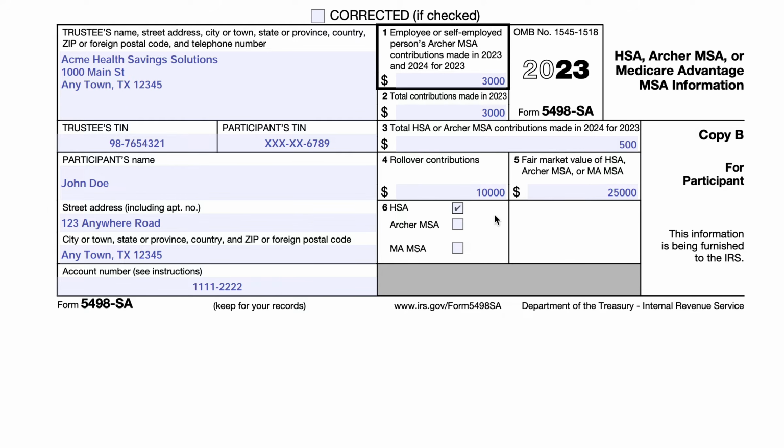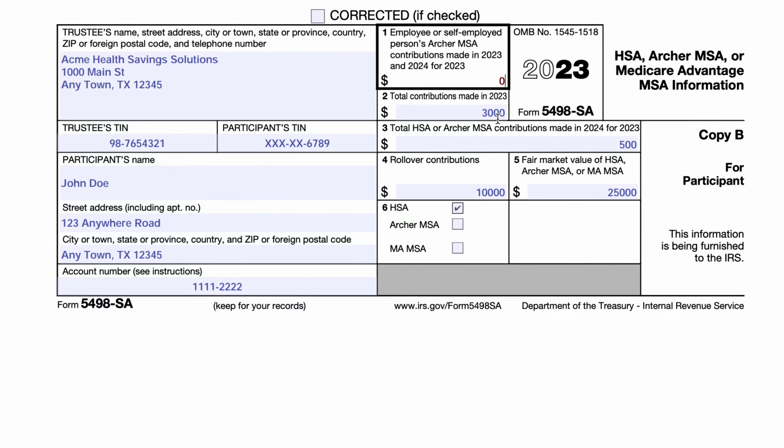So you can see right here that this is factually incorrect because this is reporting Archer MSA contributions. However, box 6 is reporting an HSA. So in a right world, this would look like 0 because this is reporting on your HSA, and no HSA information should appear in box 1.